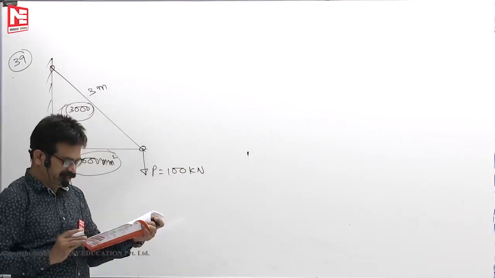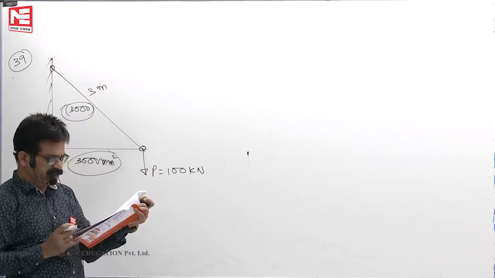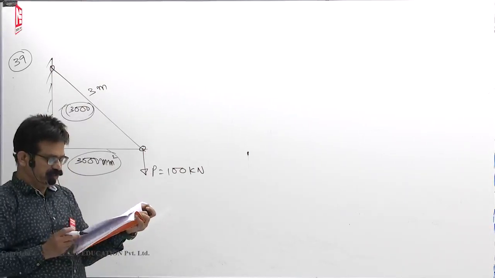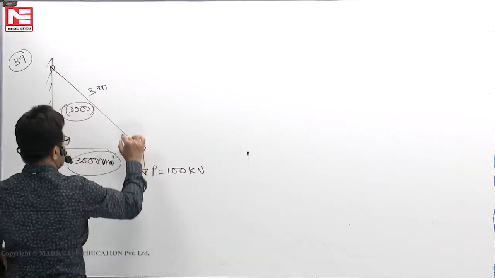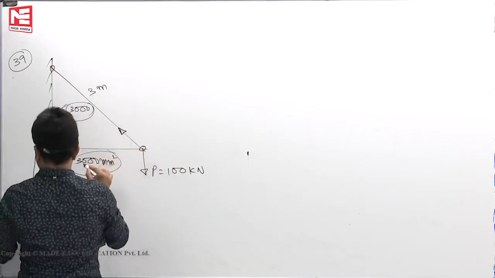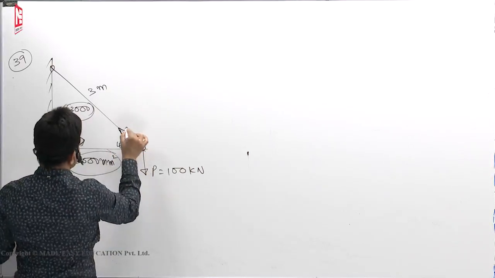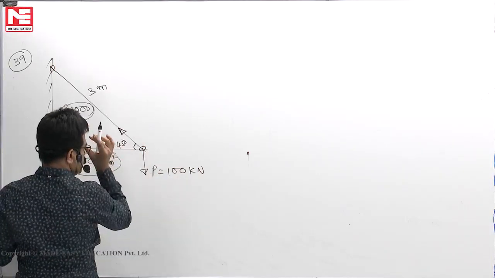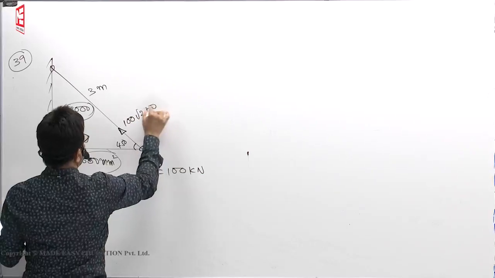The length of the inclined member is 3000, the angle is given, the cross sectional area is given, and Young's modulus is given. We need the vertical deflection of the joint under a load of 100 kilonewton. P is 100, and this is 45 degrees. F sine 45 is P, so F is P by sine 45, that means P root 2, that is 100 root 2 kilonewton.